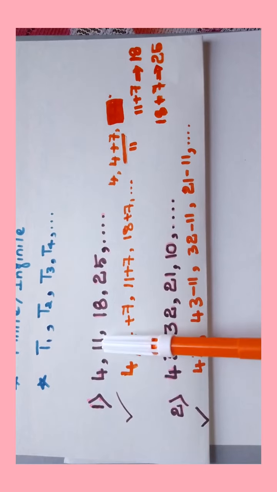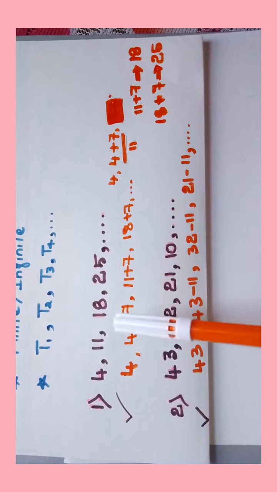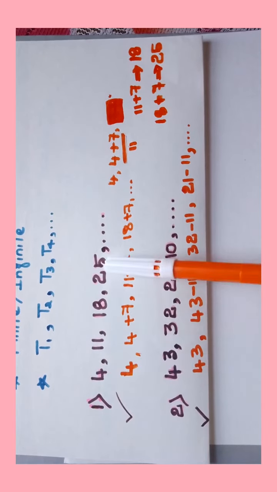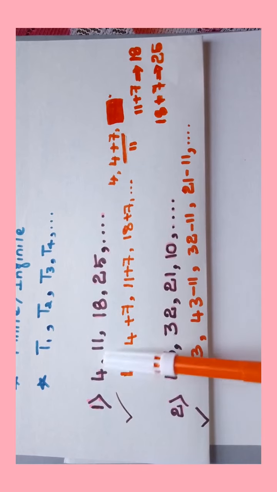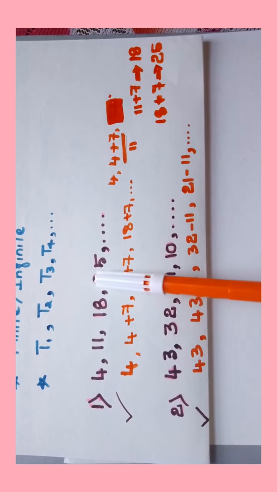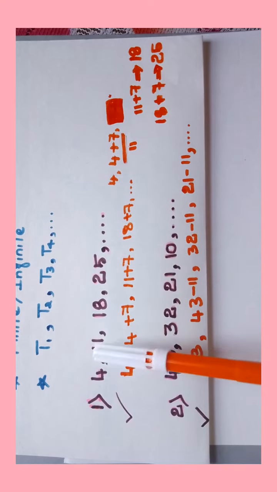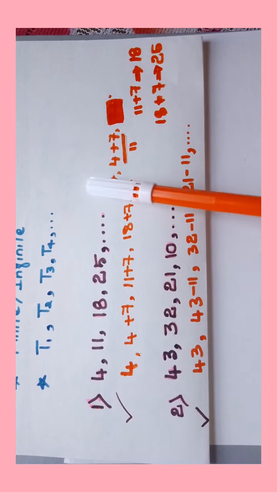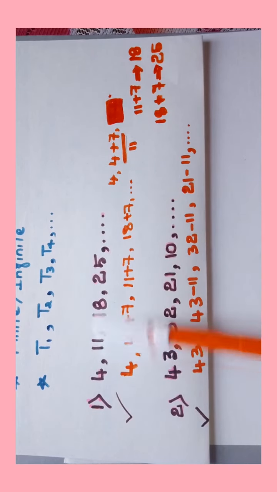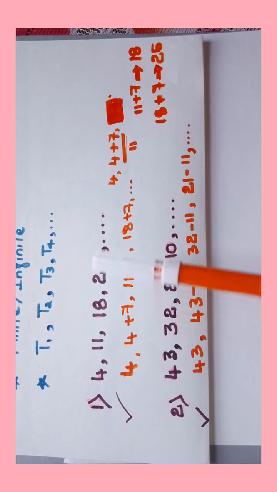Numbers 4, 11, 18, 25. When you look at these numbers, they are progressing, meaning they are increasing from the preceding number, and there is a common difference among these numbers. If you subtract 11 minus 4, you will get 7. 18 minus 11, 7. 25 minus 18, 7.